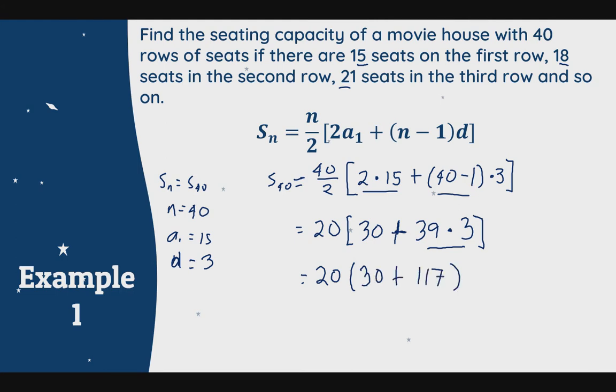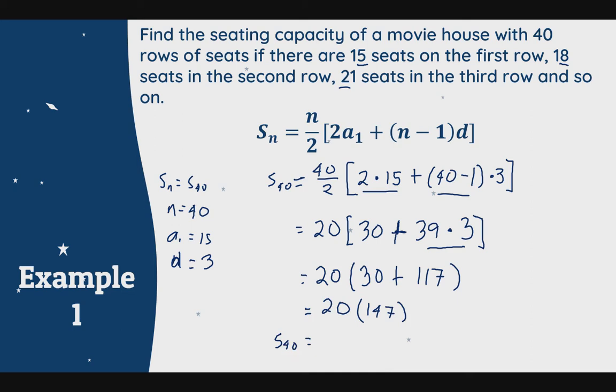And 117 plus 30 is equal to what? Very good, 147. And 147 times 20 is equal to what? Very good.